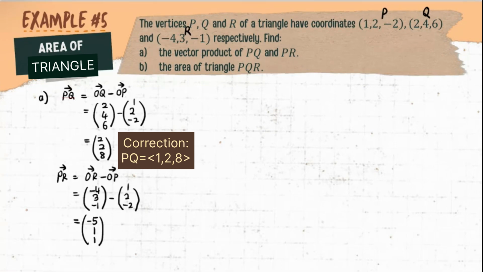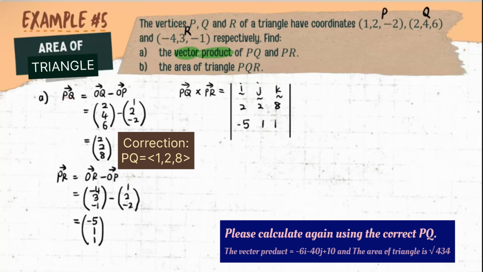Okay. So when it asks us to get the vector product, the vector product means cross. So PQ cross PR will be i, j, k. So PQ earlier is 1, 2, 8, negative 5, 1, 1. So i minus j plus k. So 2, 8, 1, 1. This can be memorized already, I think. 2, 8, negative 5, 1.